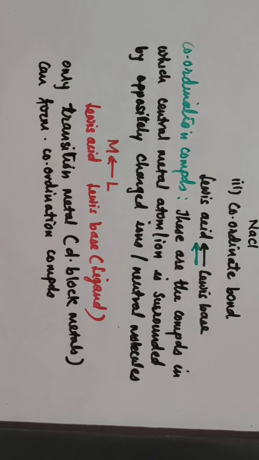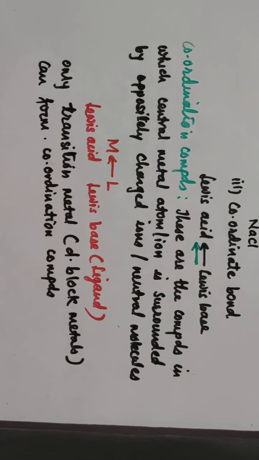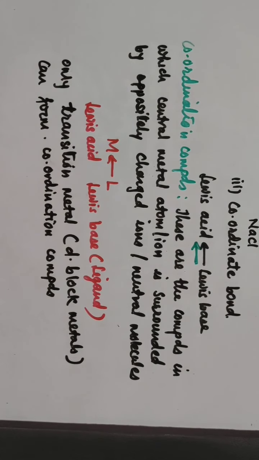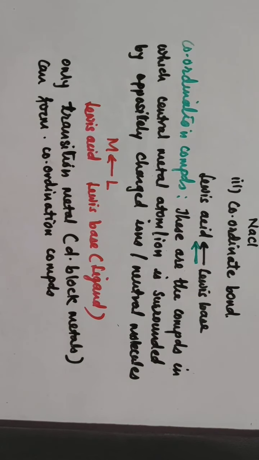Lewis acids are electron acceptors. That means they have more attraction towards the electron. These are the electrophiles, and ligands or Lewis bases are the nucleophiles. The coordinate bond is in between Lewis acid and Lewis base.